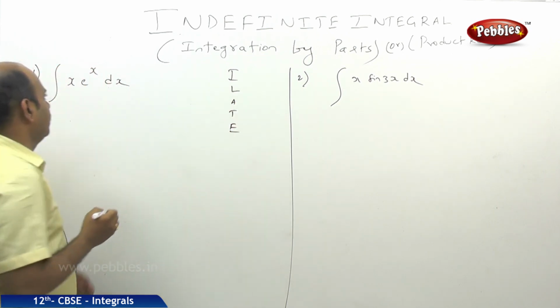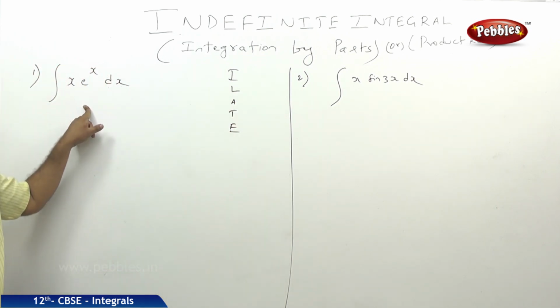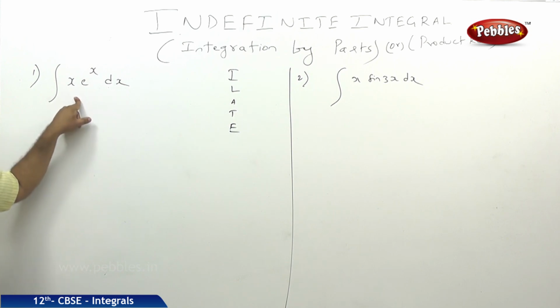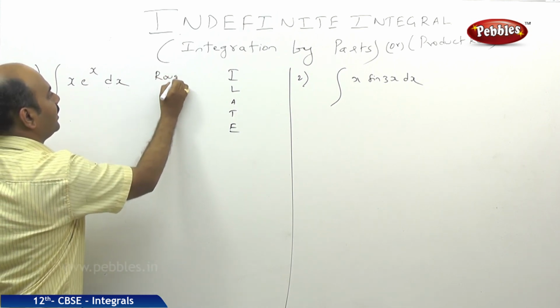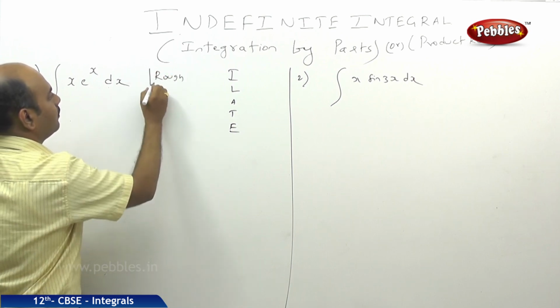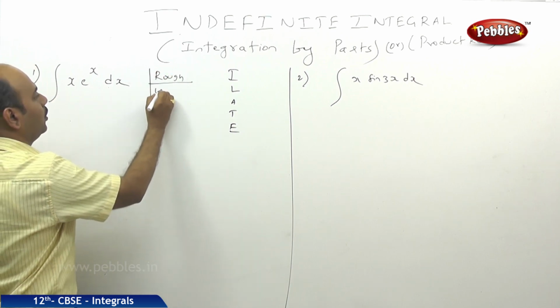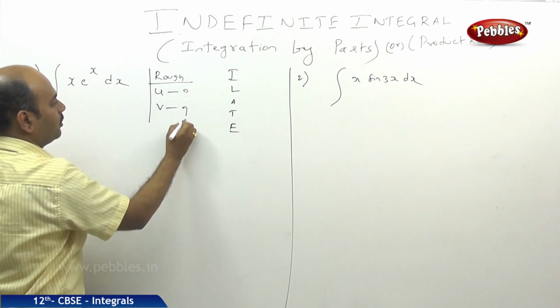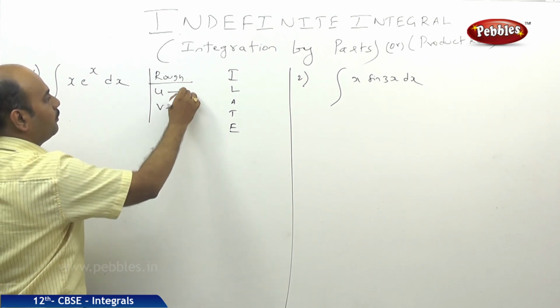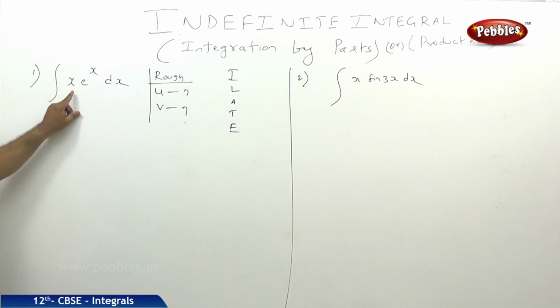ILATE. So just now we have taken this particular example. Here two functions are there. In rough, I am writing here, for better understanding of you people, here u is what, v is what. I am keeping a question mark here. So you should tell me what to choose. Right.